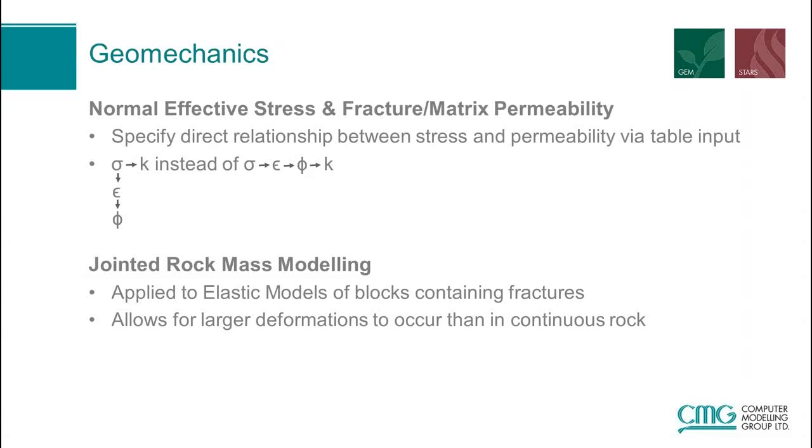What this typically means is that while you may apply the same constitutive model to it, you would expect a higher degree of deformation and displacement to occur due to the fact that it's not one solid piece of rock in that grid. Right now this applies to the elastic models, and we're looking at applying it to plastic models as well.